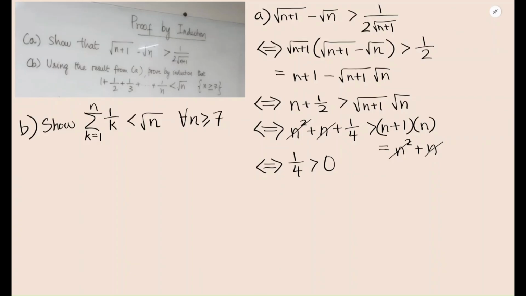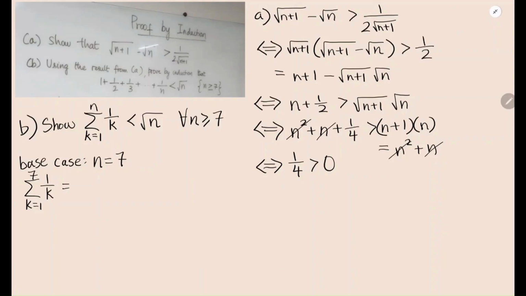So we have the base case, which is when n is equal to 7. Then we have the sum from k equals 1 to n of 1 over k, where n here is 7, which is the same thing as 1 plus 1/2 plus 1/3 plus 1/4 plus 1/5 plus 1/6 plus 1/7.